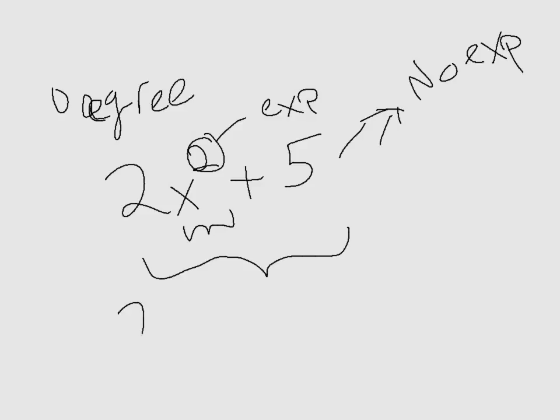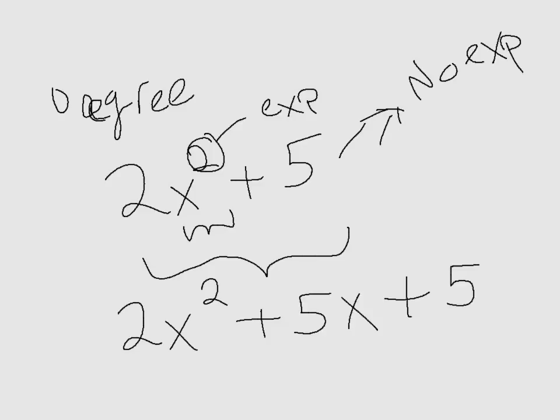Alternatively, in another expression like 2x squared plus 5x plus 5, here we can see that we have a variable here and also another variable here. Our first variable has an exponent of 2, whereas our next variable has an exponent of 1. That's why it's not written there, because it's assumed to be 1 all the time.